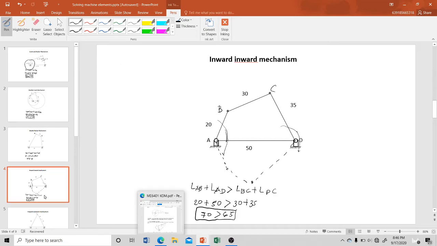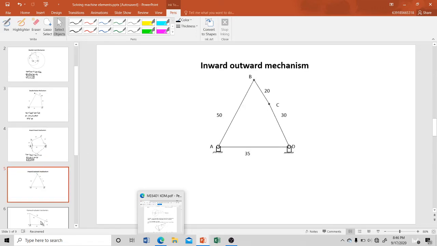So we have inward outward mechanism. So inward outward mechanism, the longest link AB adjusting to the frame.